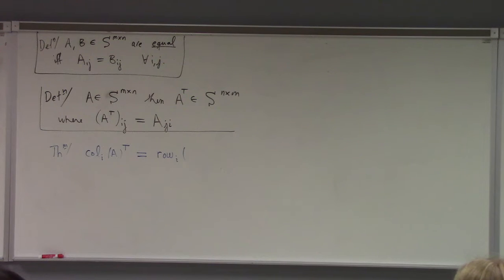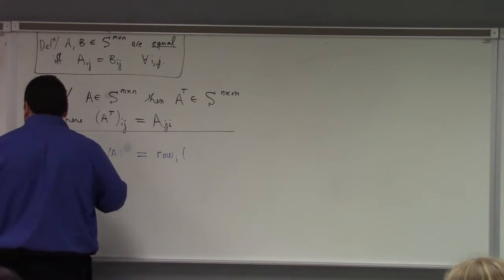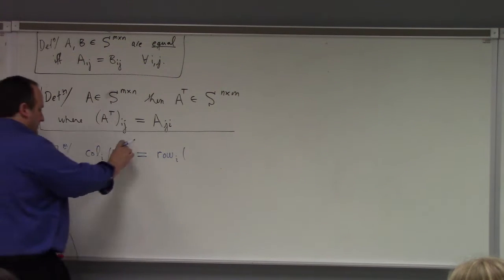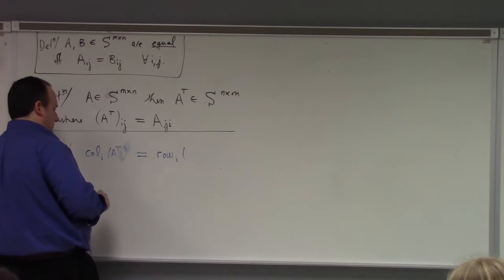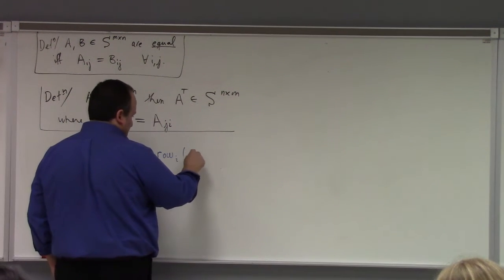Just A. I think I've messed up my theorem. Sorry, guys. I'm a dummy. What I was trying for there was column i of A transpose. And how is that? Row i of what? You used to say A? Yes. Yeah.